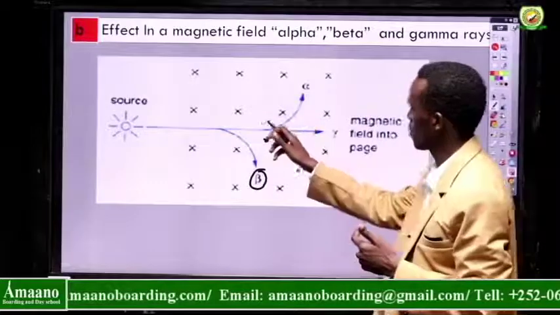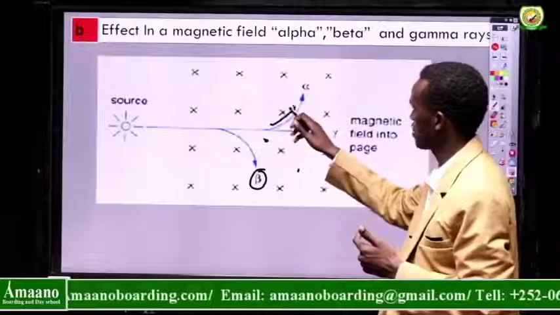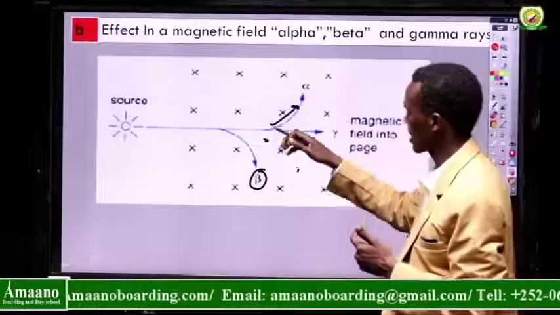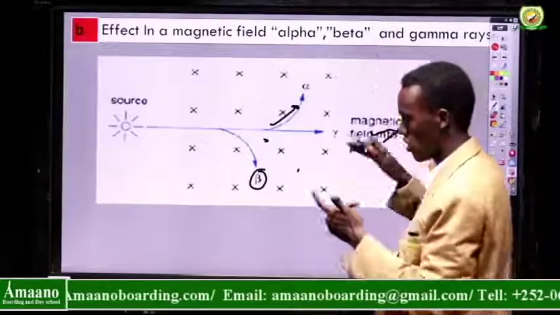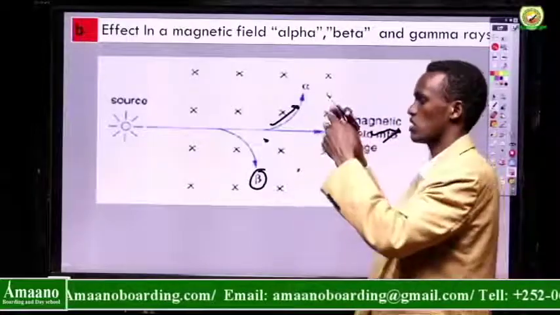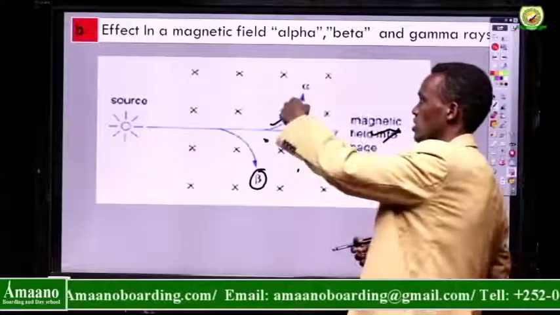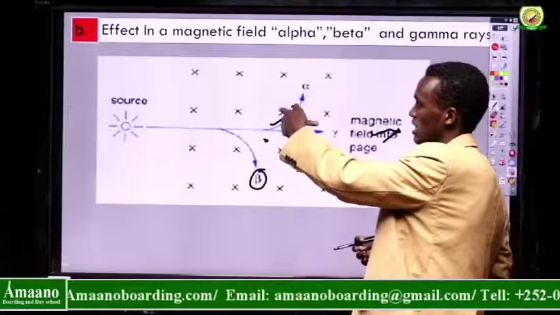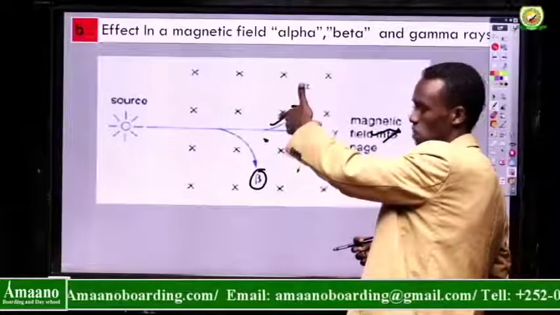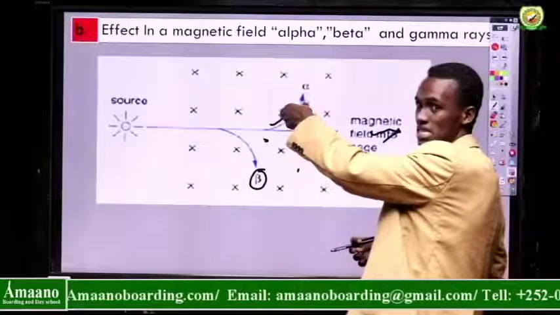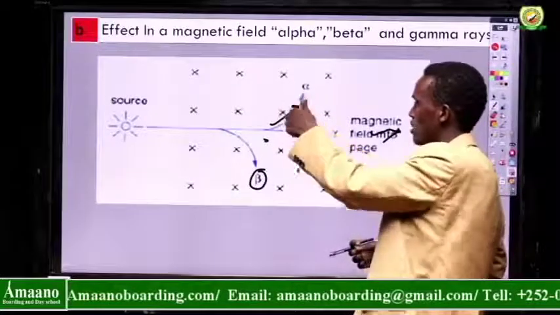Alpha has a positive charge. So the current is flowing this direction, and the magnetic field is into the page. Where's the current? Current is flowing this direction, so it bends upward. It deflects upward.